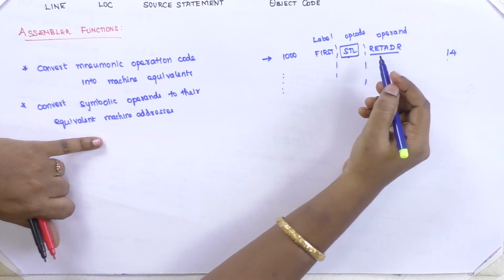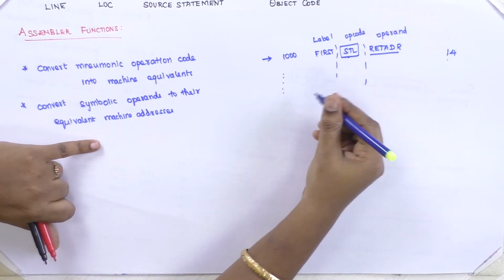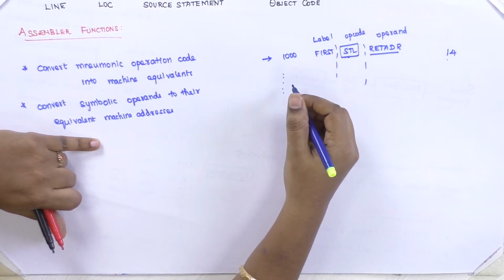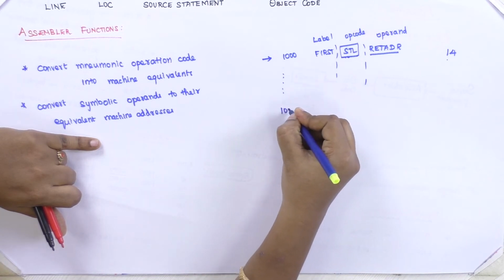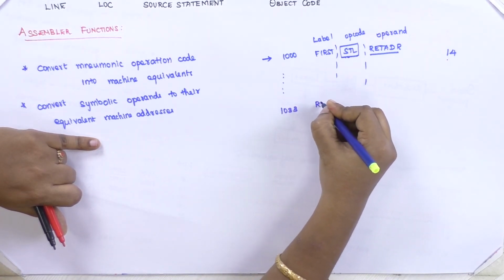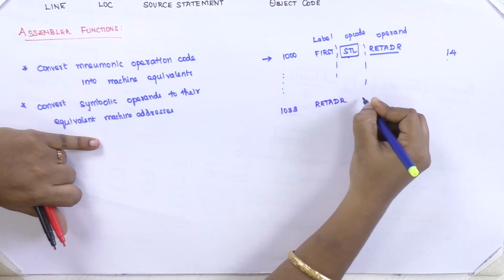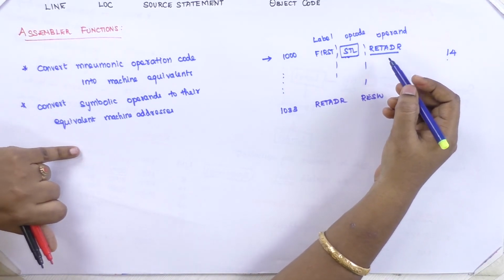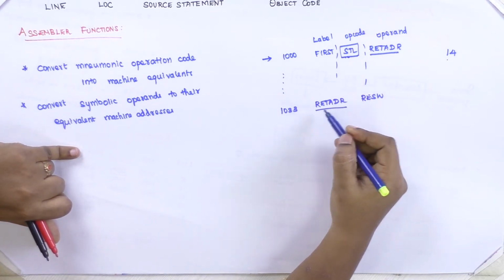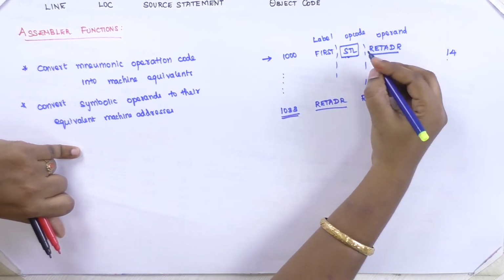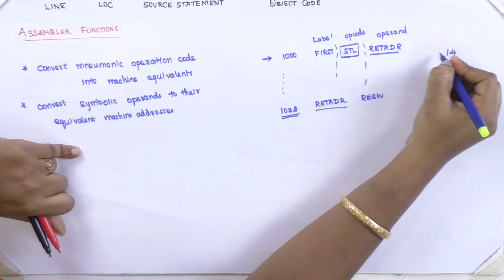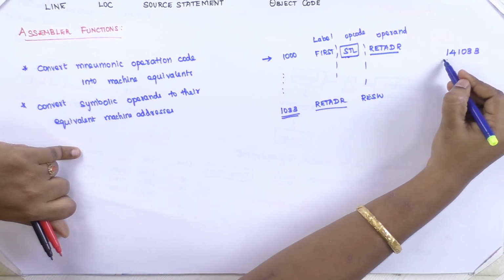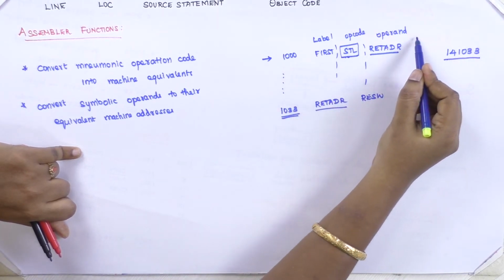In our program, this is the operand, and the operand will be present in some other address. For example, let us take RETADR is present in the address 1033. RETADR is nothing but a reserved word. So it will convert this operand to its equivalent machine address. The machine address for RETADR is 1033. So it will convert RETADR to 1033.